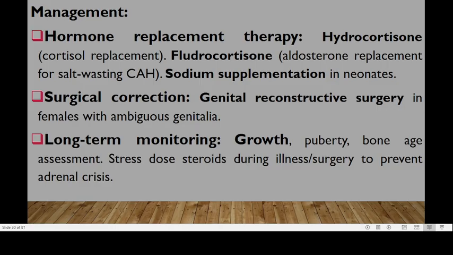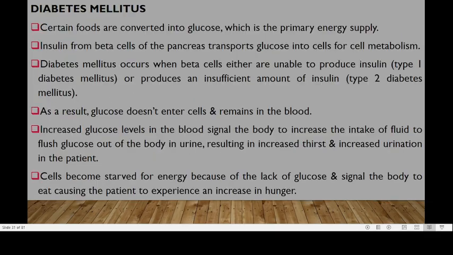We could also do long-term monitoring, that is growth, puberty, bone age assessment, stress dose steroids during illness and surgery to prevent adrenal crisis.